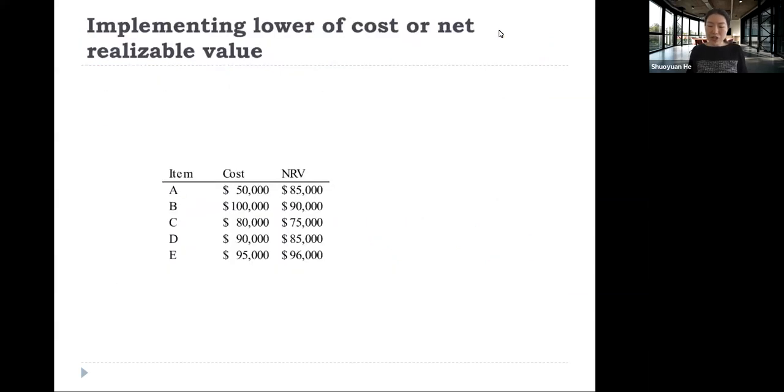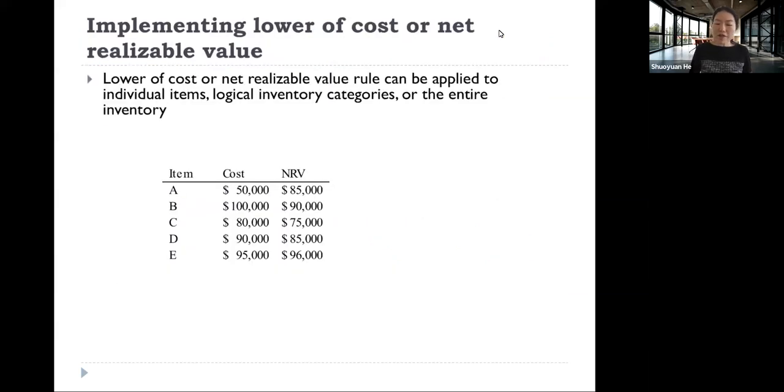And so this is just a basic idea. However, when we are implementing lower of cost or net realizable value, we have different ways to implement this rule. It can be applied to individual items, logical inventory categories, or the entire inventory. What do we mean by this?